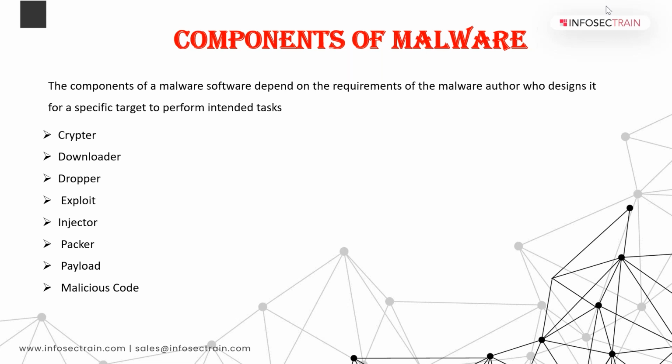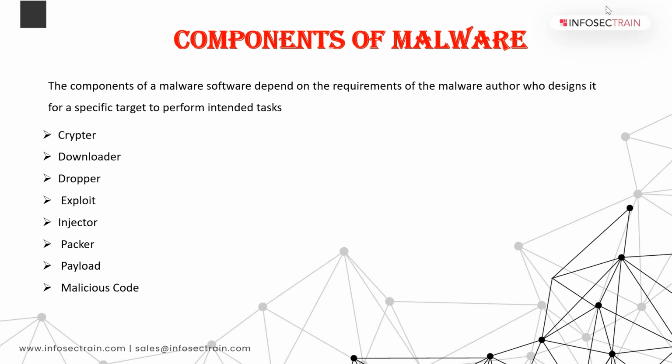And many things. And when it comes to the malicious code, this is the piece of code that defines the basic functionality of the malware, which compromises and commands, resulting in security breaches.